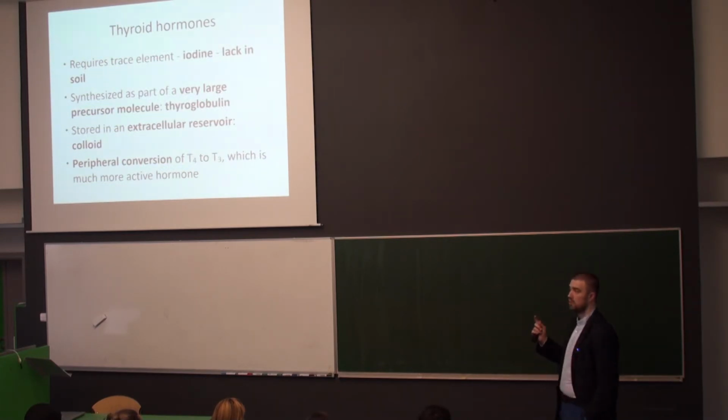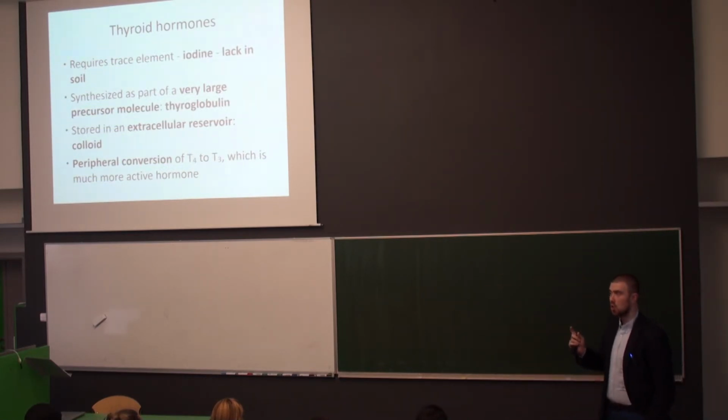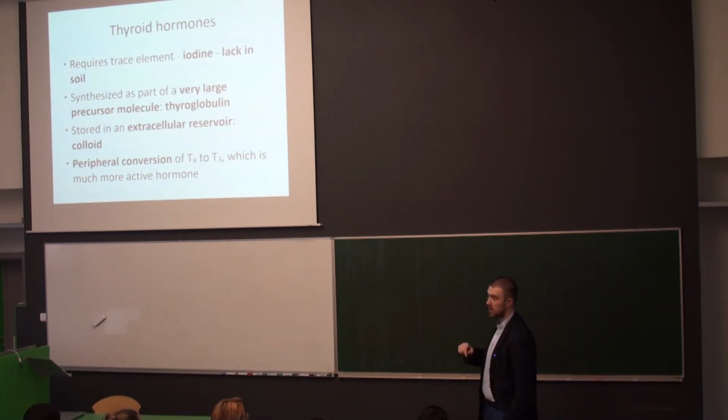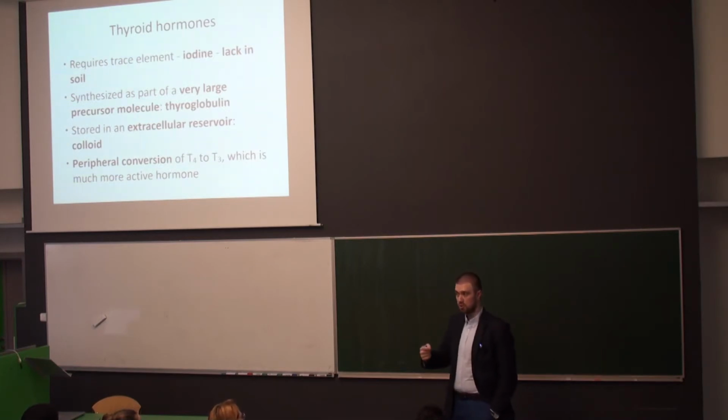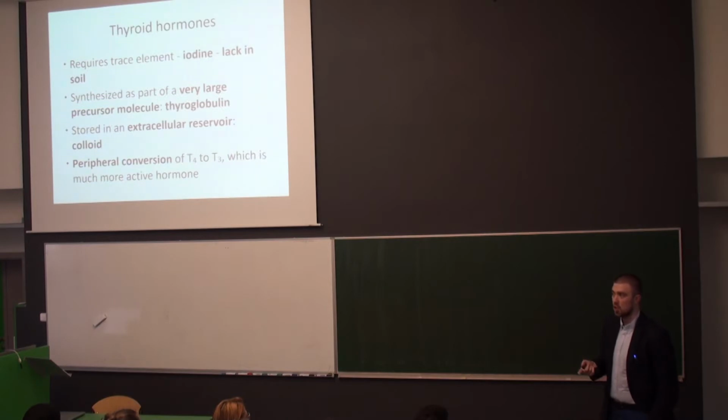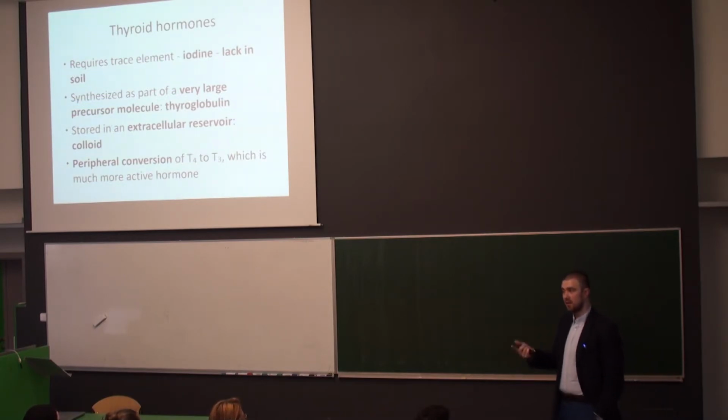Nowadays, if you know that there is some region with this risk, you do fortification of iodine in food. For example, here in the Czech Republic, since we were also one of those regions, we have fortification of salt. So the salt here is typically iodinated.